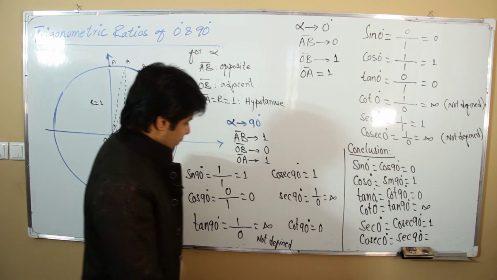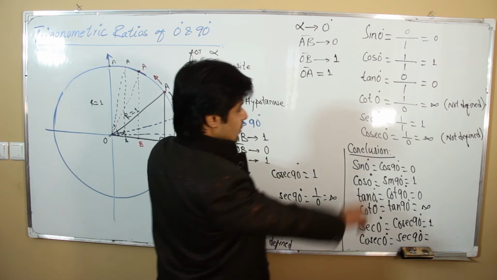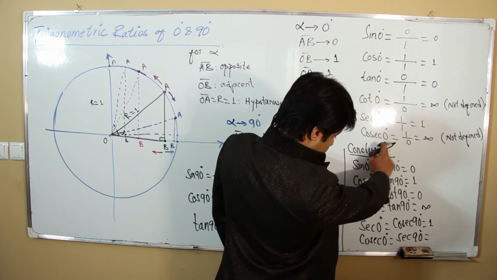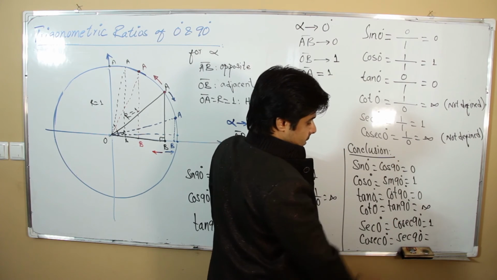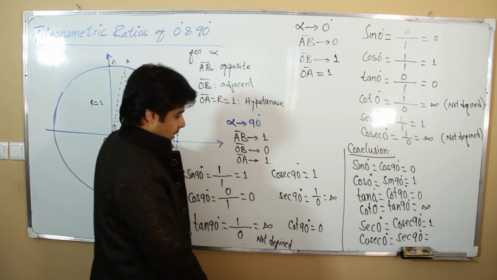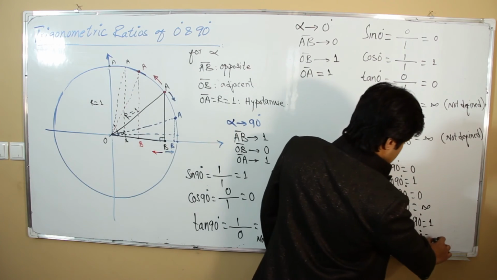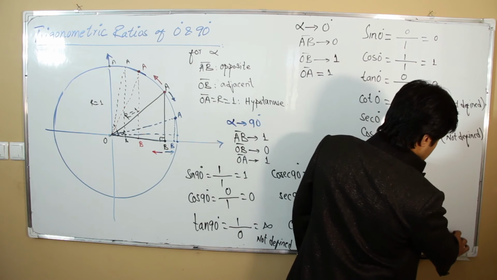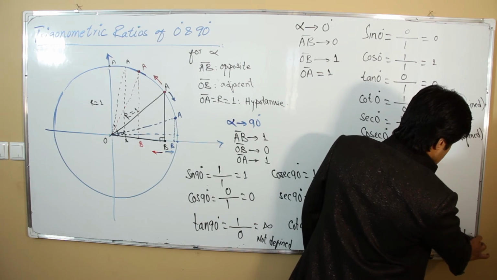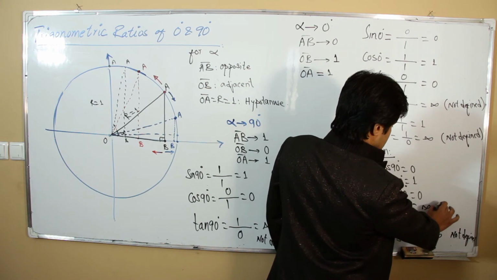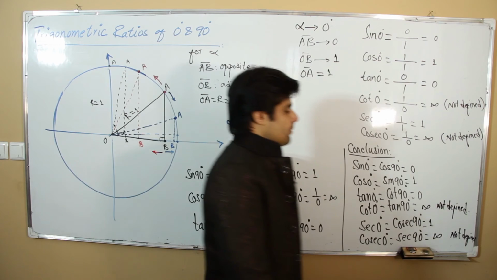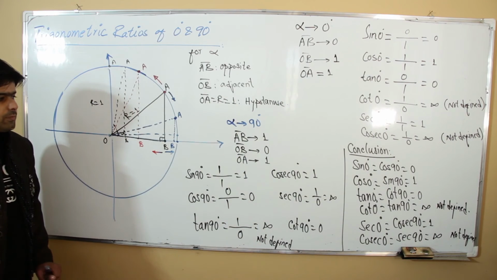Cosec of 0 is equal to sec of 90. Cosec of 0 is infinity. Sec of 90 is also infinity, or we can say not defined. This one is also not defined. I think you've got it.